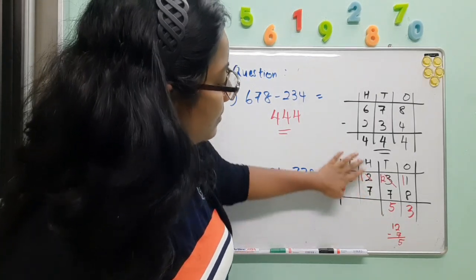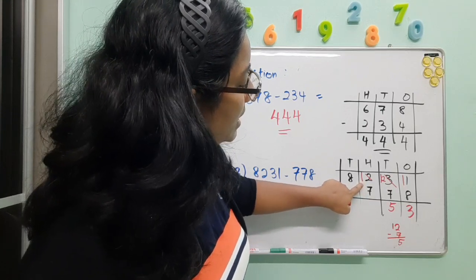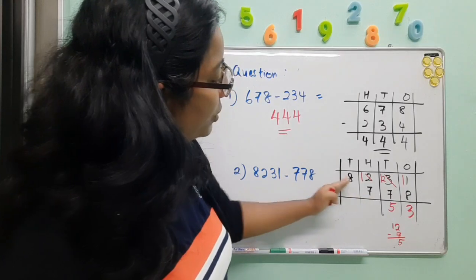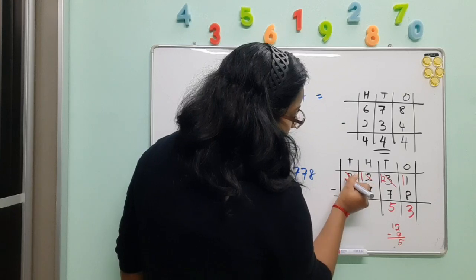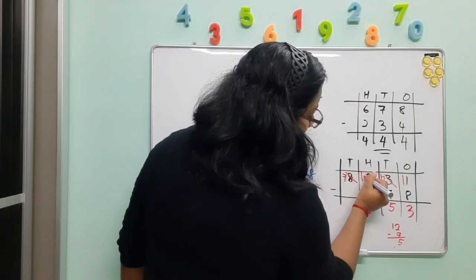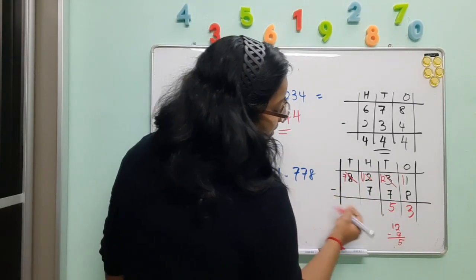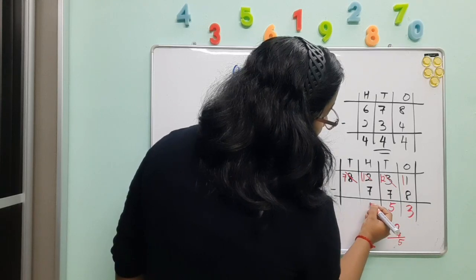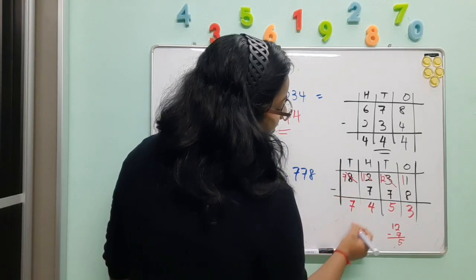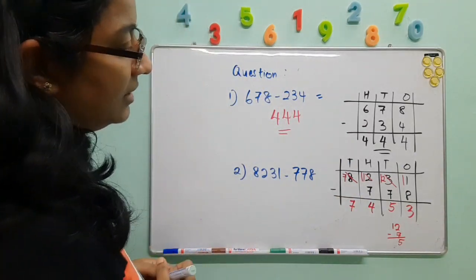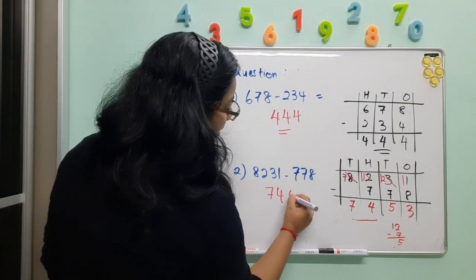Move to the third column. 1 minus 7. Over here 1 is less than 7, and we're going to borrow again from the next place value, it becomes 7 and this becomes 11. So 11 minus 7 is 4, and 7 minus 0 is 7. Okay, so the answer is 7,453.